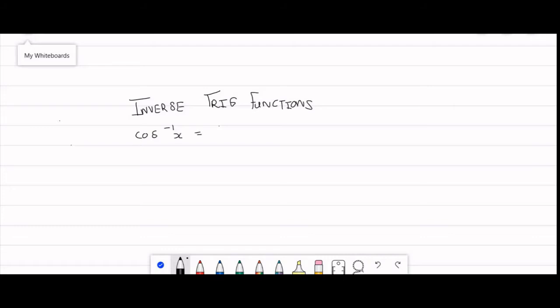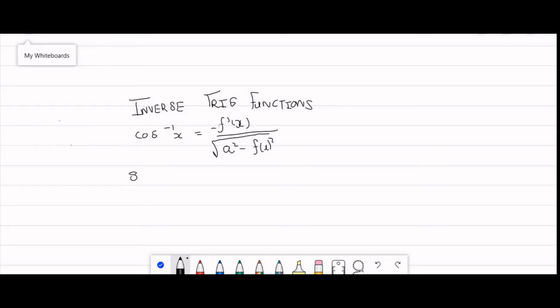To find the derivative of it, we need to find the derivative of f at x over the square root of a squared minus f at x squared, and it will be negative.